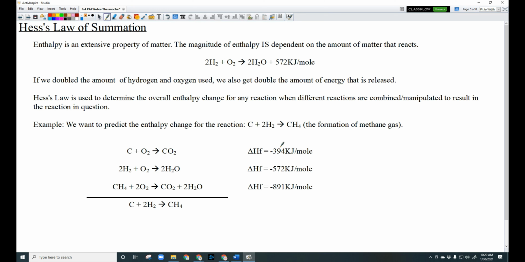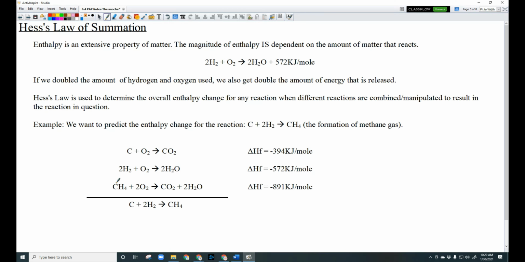That's a known. We also know that 2 moles of hydrogen gas and a mole of oxygen gas yields 2 moles of water, and the delta HF, the heat of formation of this reaction, is negative 572 kilojoules per mole.